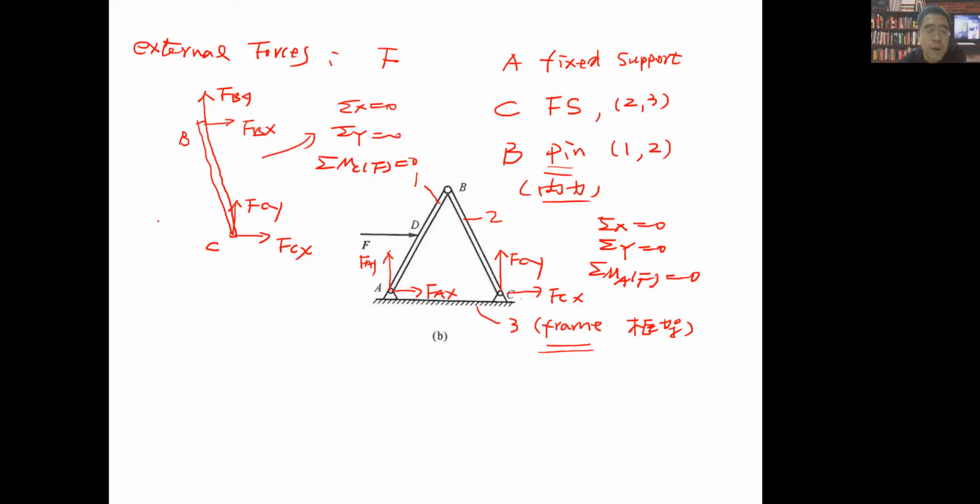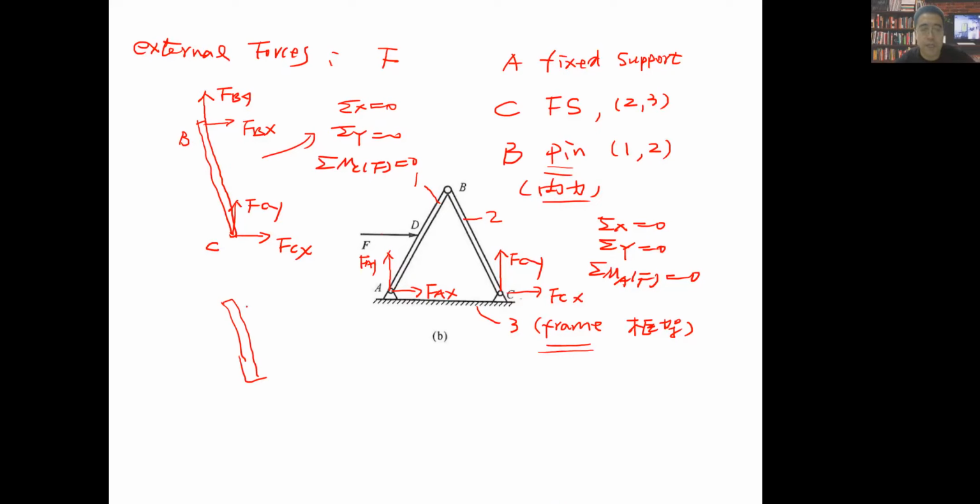So first of all, do you guys still remember, this bar BC only has two points of action, at B and C, and we do not consider its weight at the middle point. So actually, what is it? It is a double force bar. So we can simplify its analysis like this.